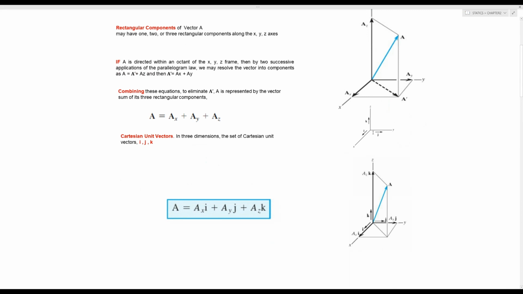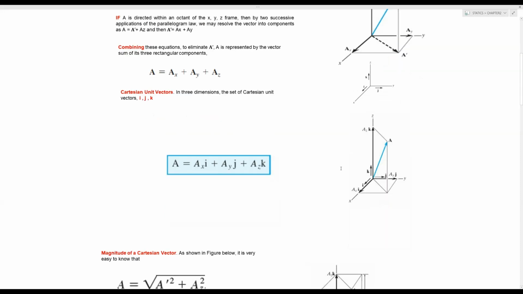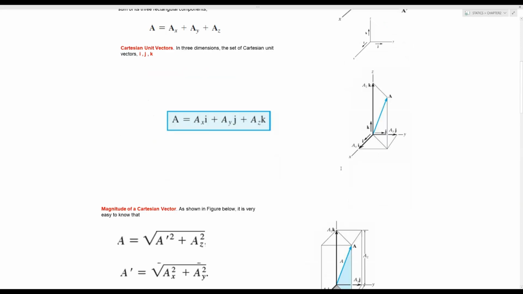The unit vector along the x-axis is i, along the y-axis it is j, and along the z-axis it is k. Each unit vector has a magnitude of 1 and is dimensionless. Therefore, we express it in the form A equals Ax i plus Ay j plus Az k.